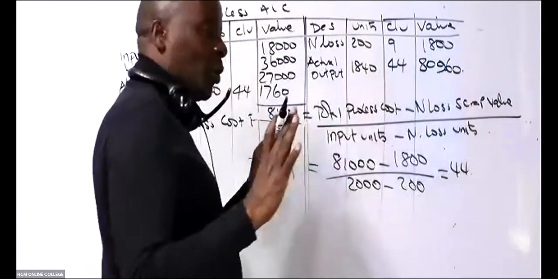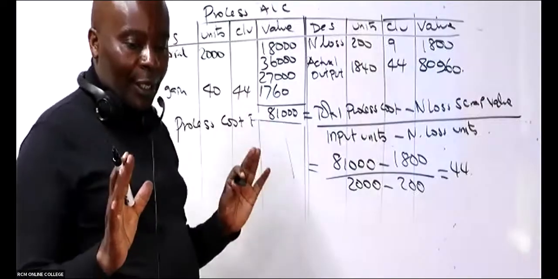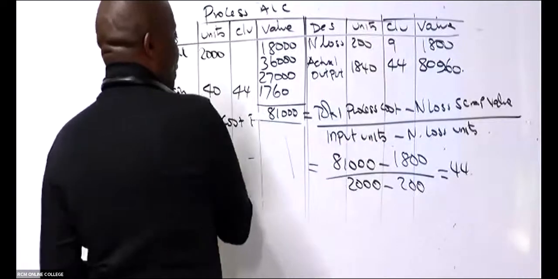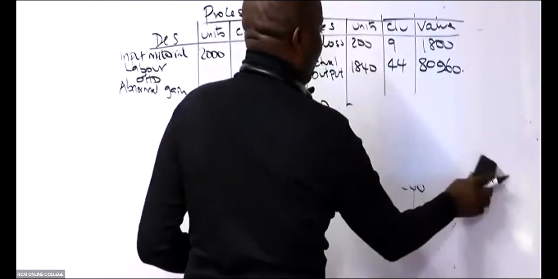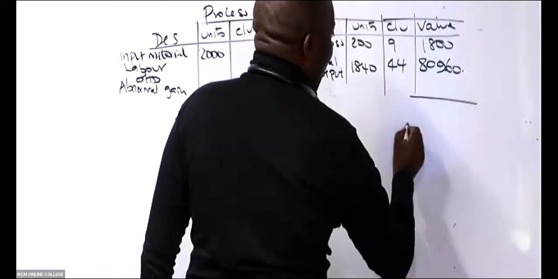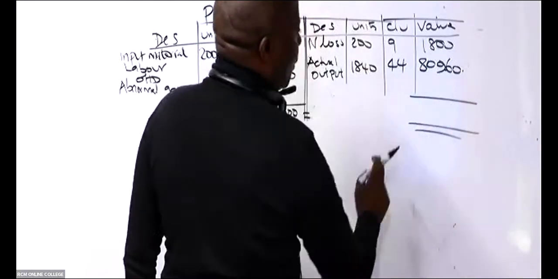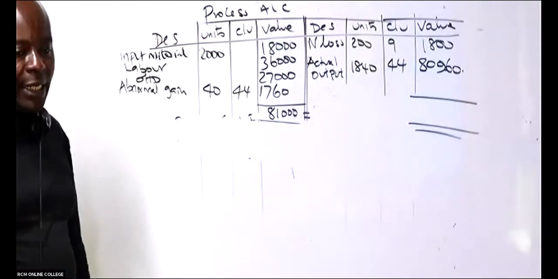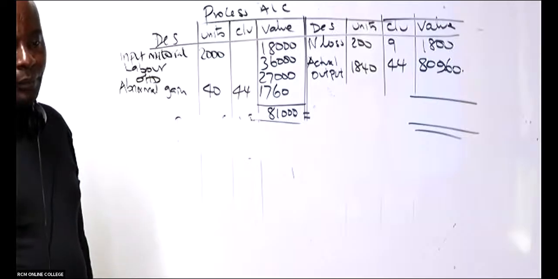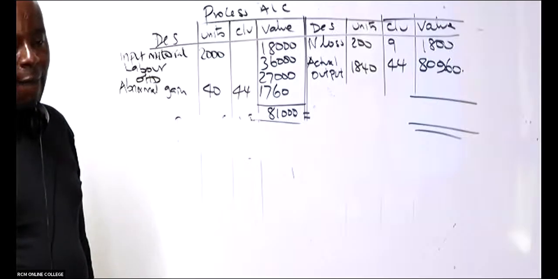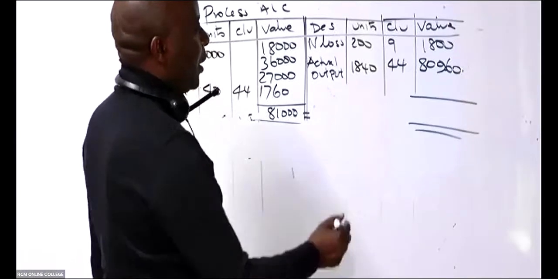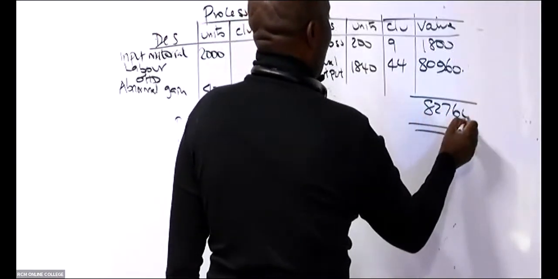And then now you evaluate whether your process account is summing up, is casting. We talk of casting. Is the process account casting? Let's see. Of course I expect this side to be heavier. So you take this plus this, give me an answer. 1,800 plus 80,960. I'm being given 82,760.